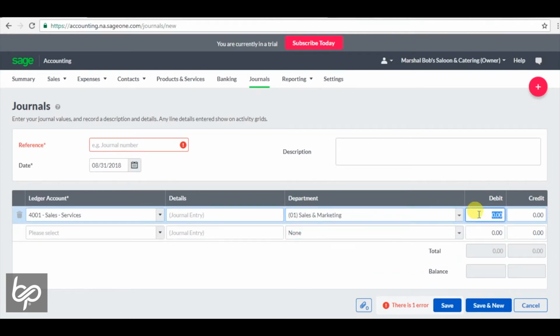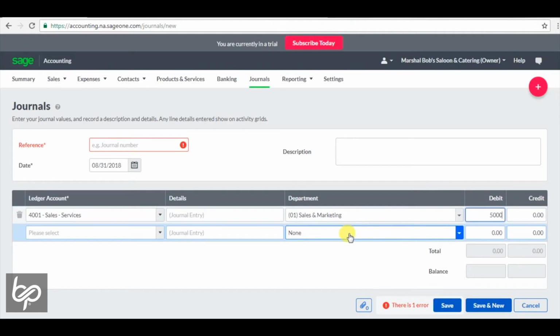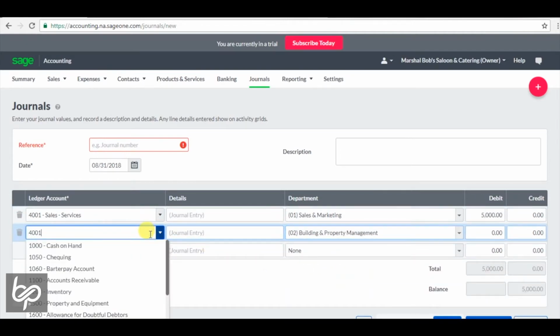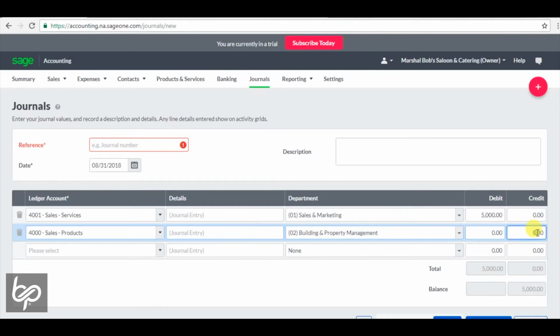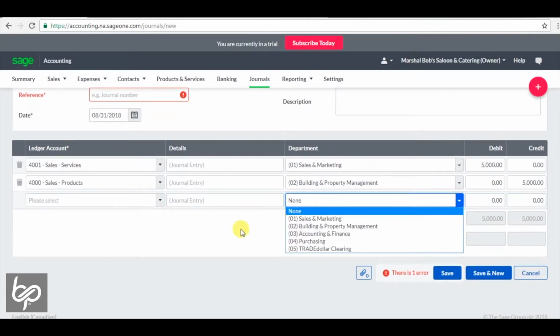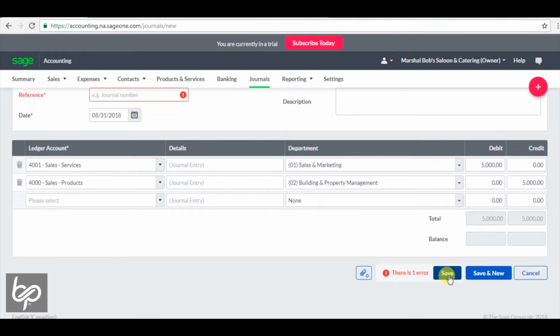So let's say that 50% of all sales that are done on barter get allocated away from the sales department. So $5,000 gets allocated away from the sales department, and it gets reallocated to the building and property maintenance department.